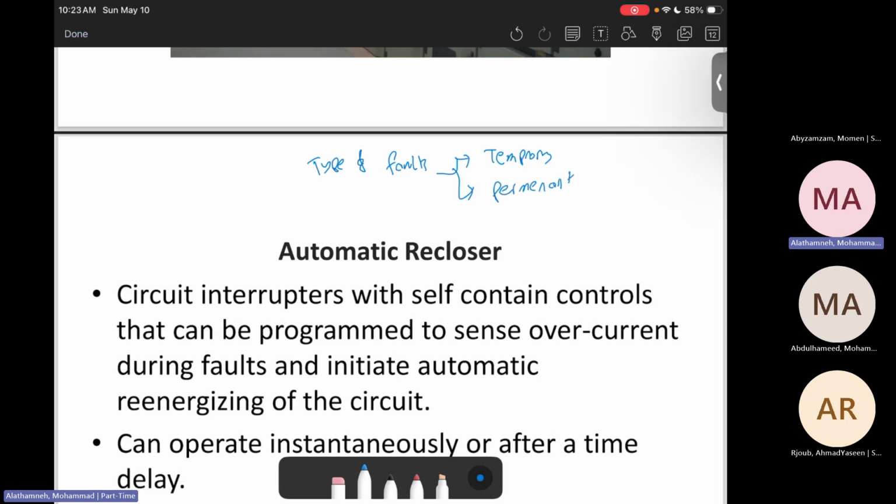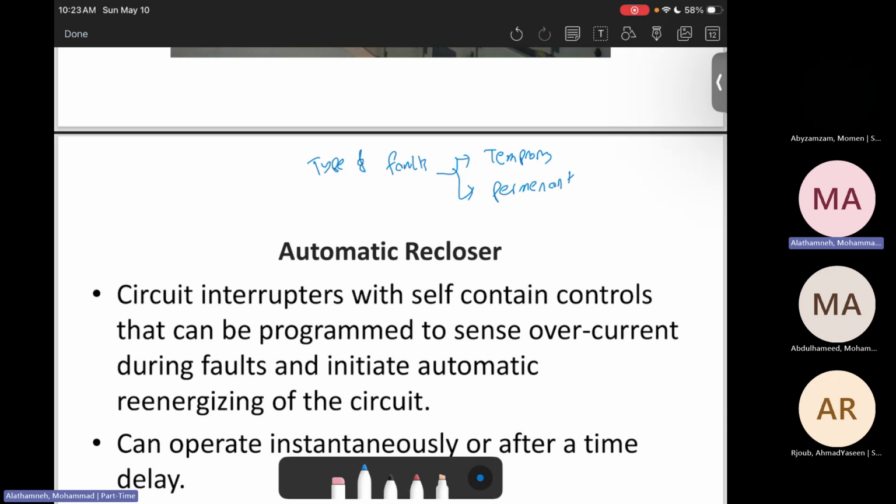Temporary means happening for a very short period of time, like a lightning strike, or a tree branch touching the power lines, and then it goes away. Then we need to distinguish whether it's temporary or not. What's the point of turning off the power for a very long period of time for no reason?